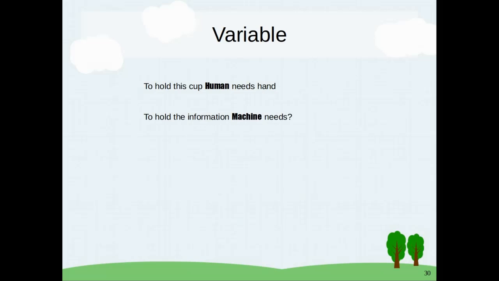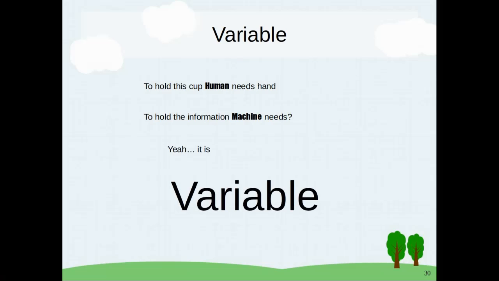To hold this information, a machine needs a variable. That means, very simply, if you want to give some information to a machine, then the machine should have something, or already has something, which is called a variable, where the machine can hold the information.